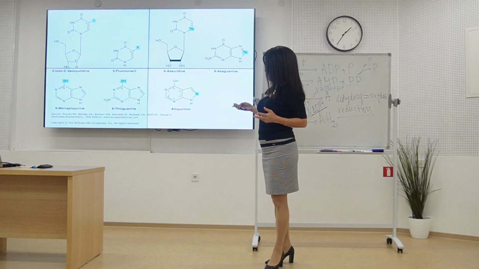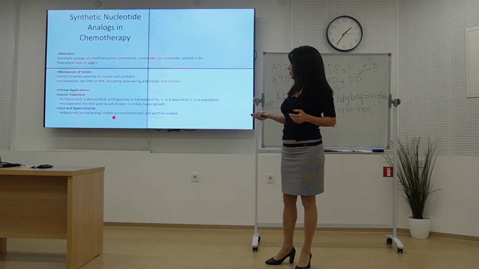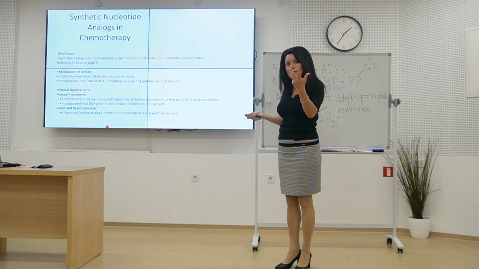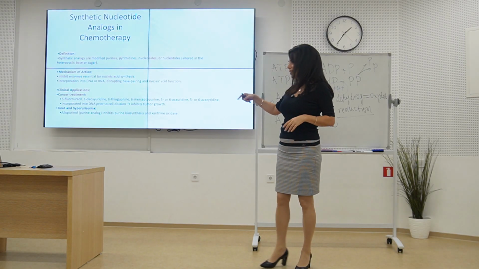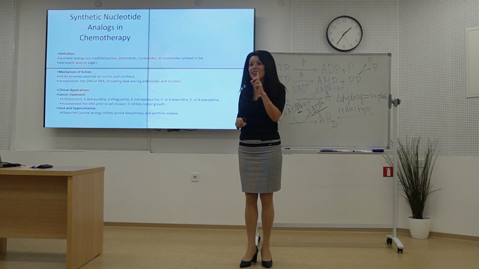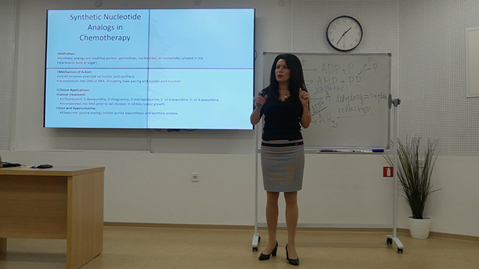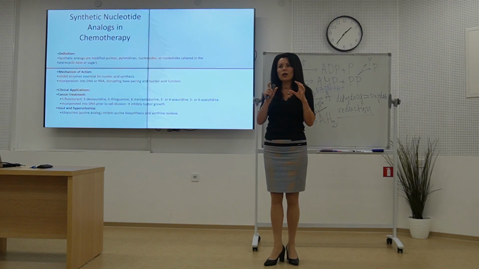It is a structural analog of one base which is an intermediate in purine degradation, not biosynthesis, sorry. I said about that today. This base is not one of the common bases. It is called hypoxanthine. Hypoxanthine is one of the intermediates of purine degradation.